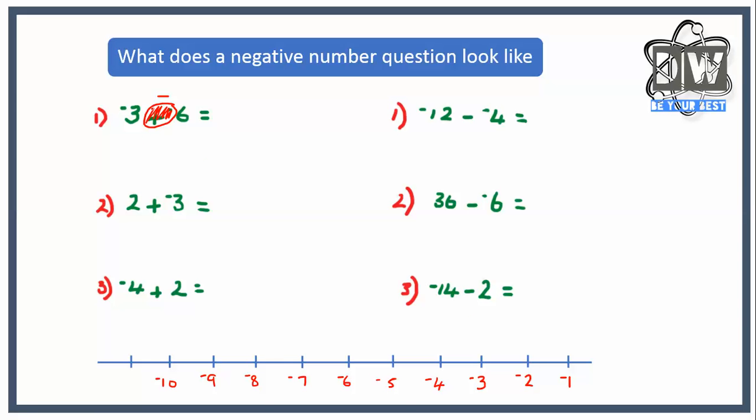So all of this question is saying, okay, we owe £3. We take another £6 out. So look, I owe £3, and then I'm going to go 1, 2, 3, 4, 5, and 6. So I now owe £9. So it's -3, take away another 6.